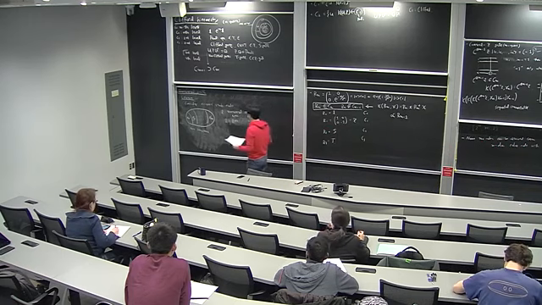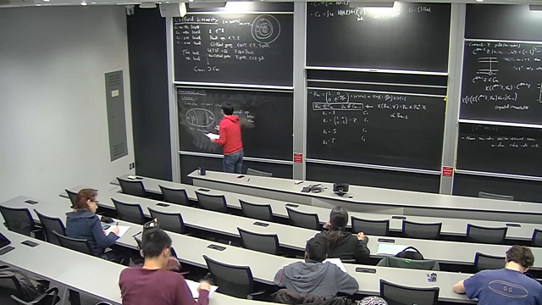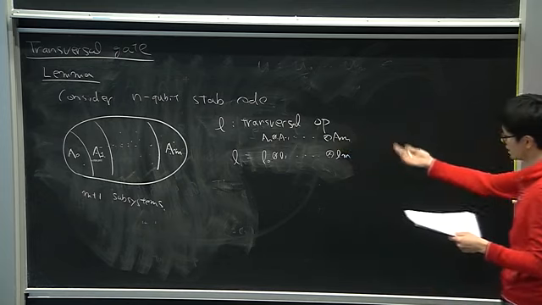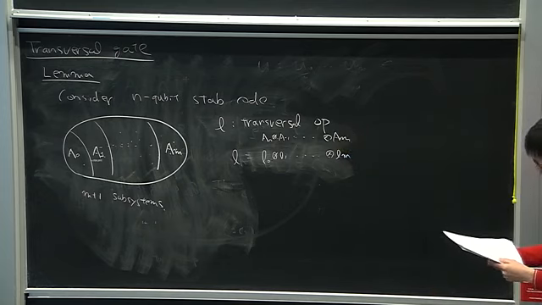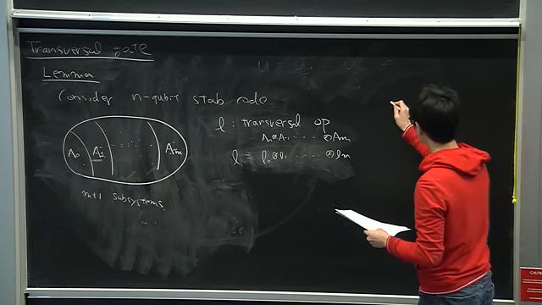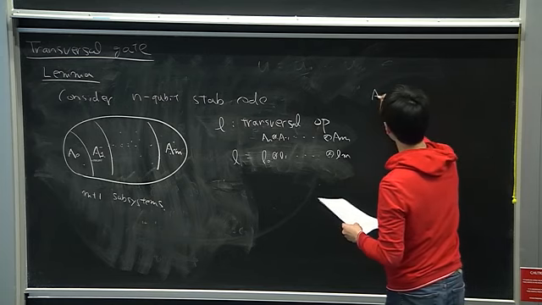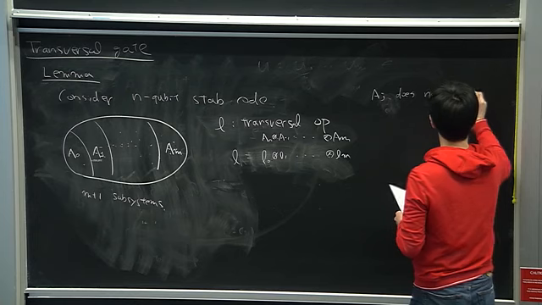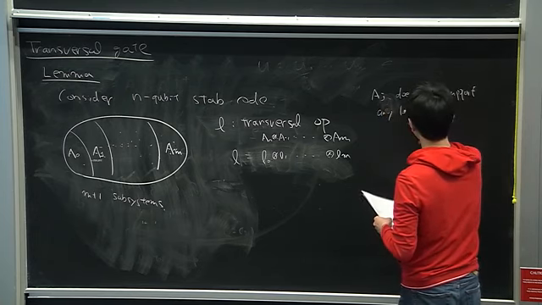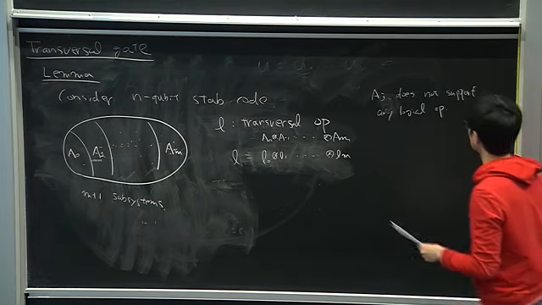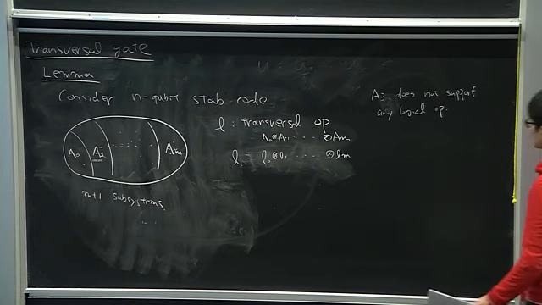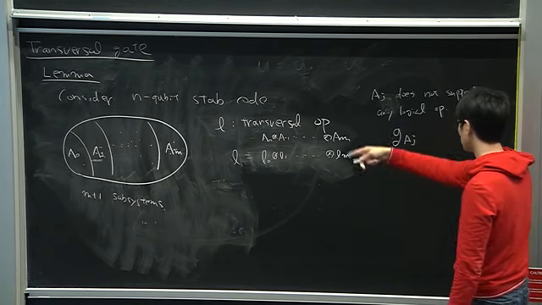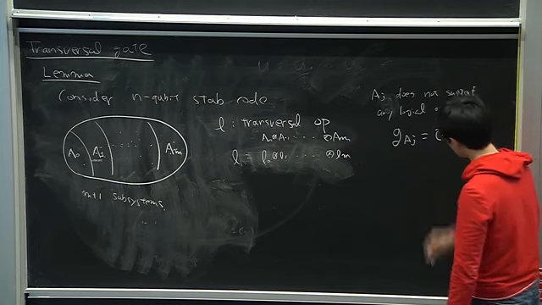Okay, now if this is the case, then, oh no, I didn't say any conditions for this lemma. So we consider any arbitrary non-trivial transversal logical operator. Let's assume that each A_j does not support any logical operator, by which I mean that if we count the number of non-trivial Pauli logical operators on each subregion, it is 0.